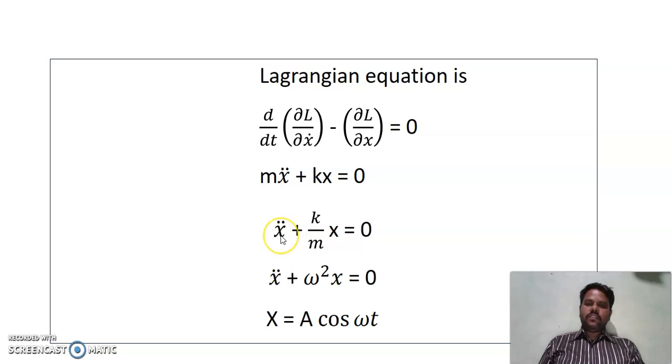On simplification, x double dot plus k by m x is equal to 0, where k by m is nothing but omega square. This is the required equation for a linear harmonic oscillator, and the solution for this second order differential equation is given by x is equal to a cos omega t.